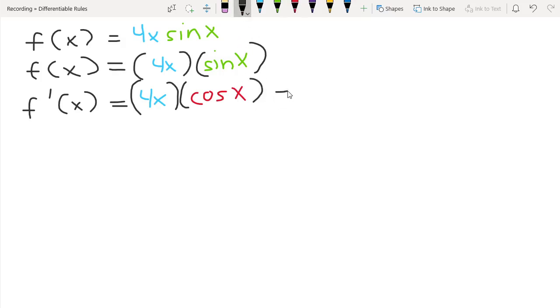And then plus, and I'll do parentheses again, we do g of x, and in this case g of x is sine of x, and then times the derivative of f of x, which in this case is 4x. So the derivative of 4x is just 4. So then I'll write that in.